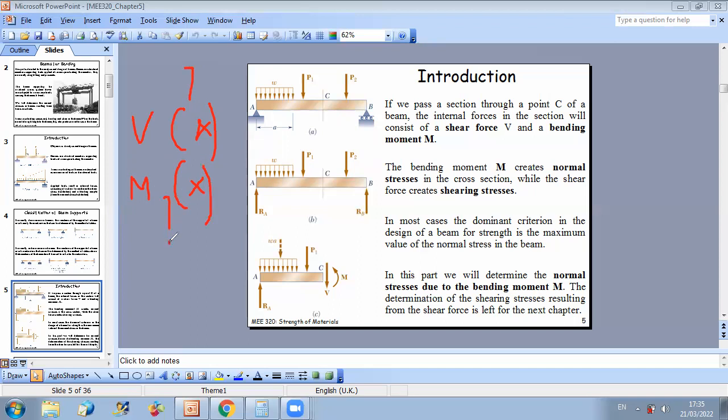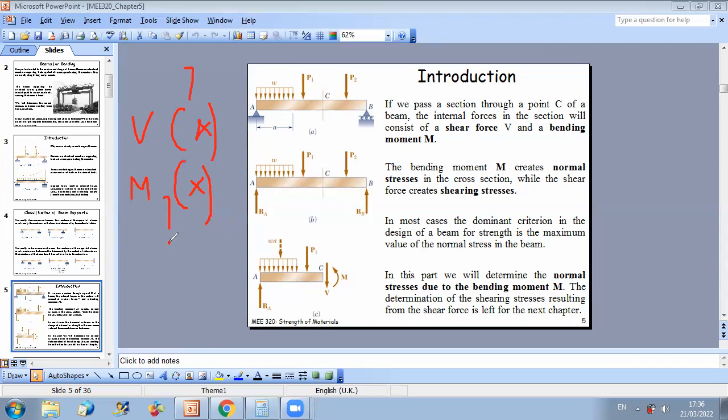In the area method, you can find the values of V and M at specific points. Of course, for both cases, you can determine them at any location. If you do the analysis of a certain location by section or by area, you'll be able to get the value. But the advantage of the section method is that I do it once, I get a general expression, a general function, and then I can use it directly at any location.